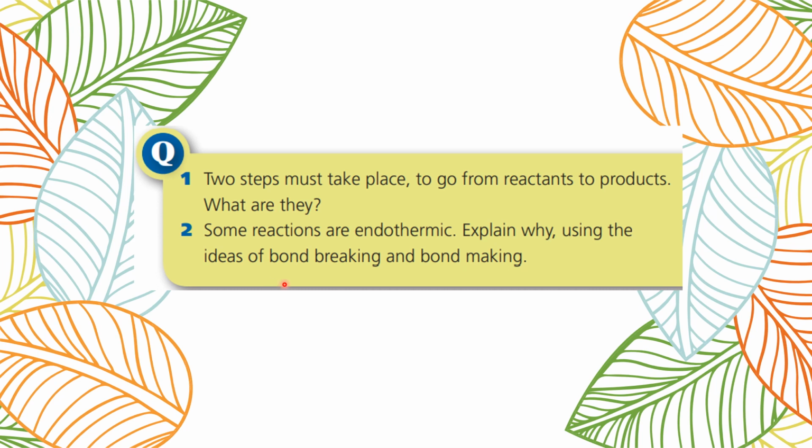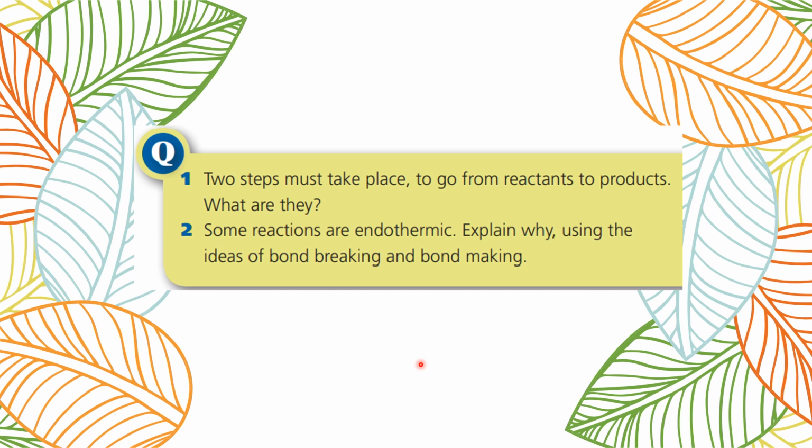Endo means in and enter lah, enter heat, enter taken in, absorb. Exo means exit, so heat release, heat keluar, release, right? So ingat yang tu sajalah. So quick review. Two steps must take place to go from reactant to product. So what are they?